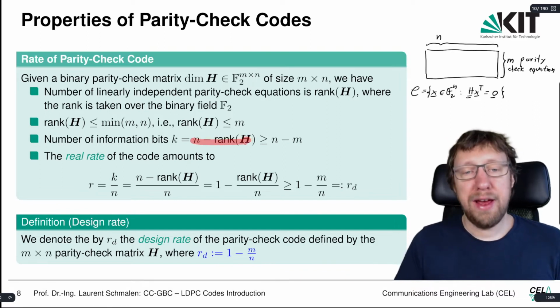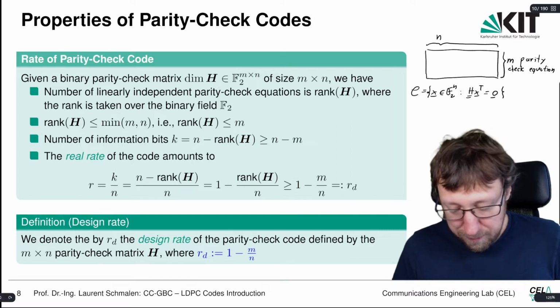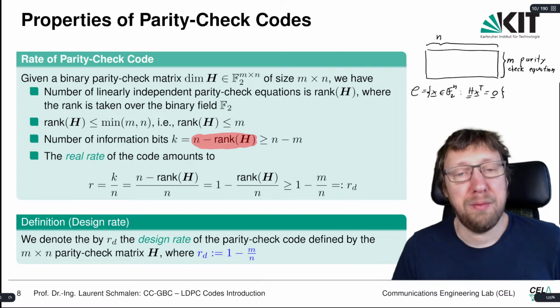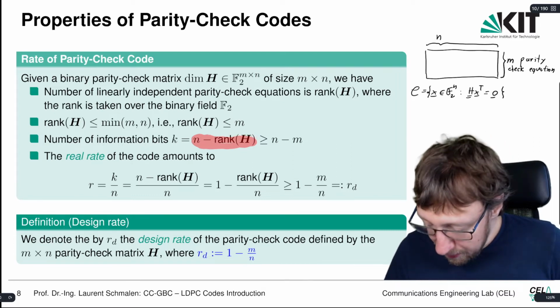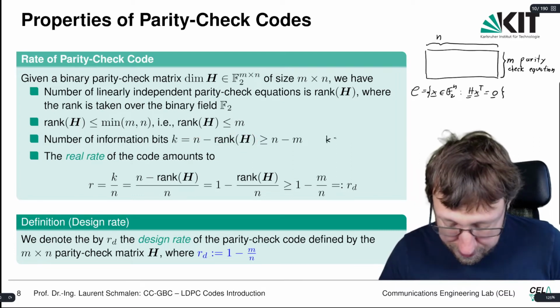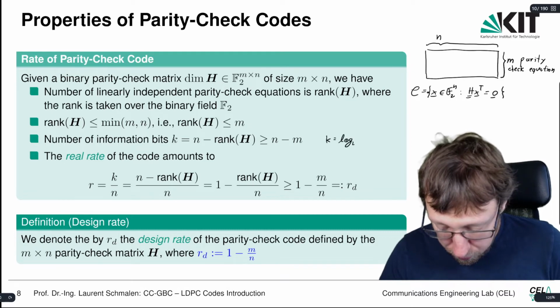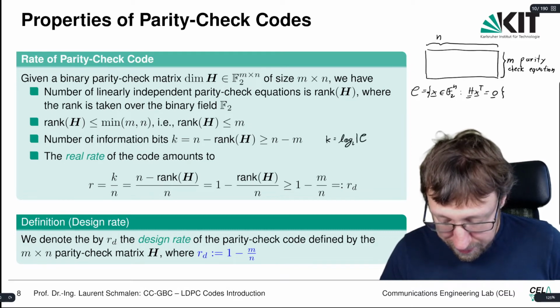So the rank of H tells us the number of effective information bits, because K is equal to log 2 of the cardinality of the code.